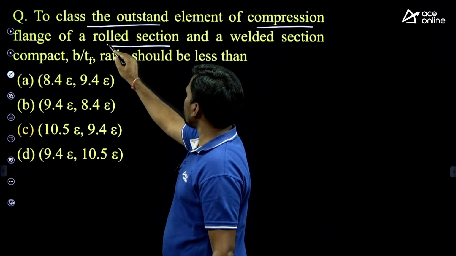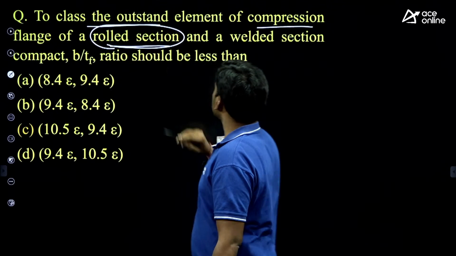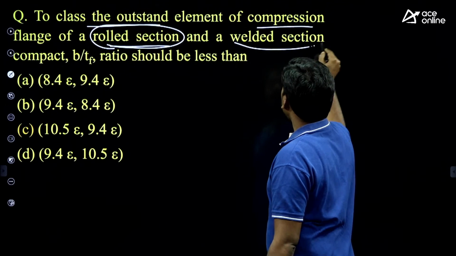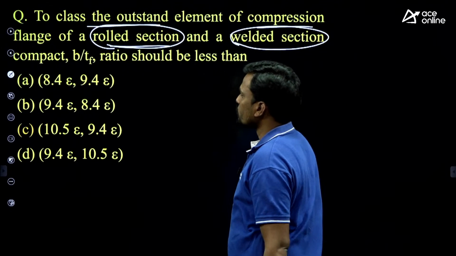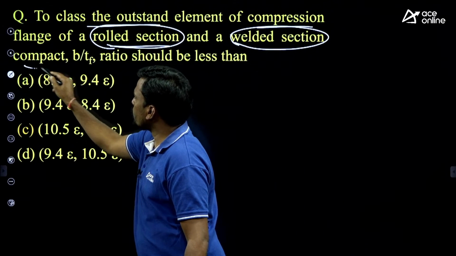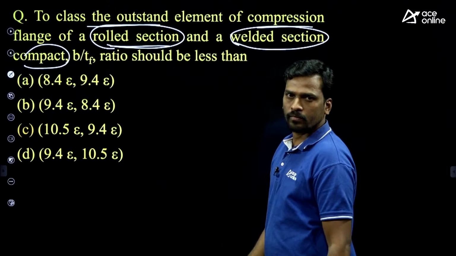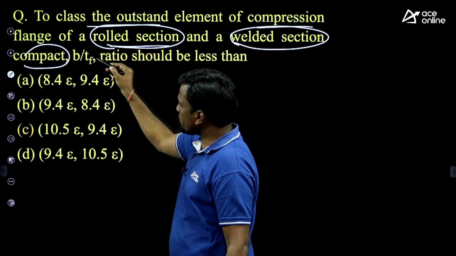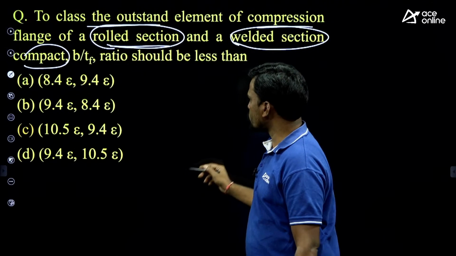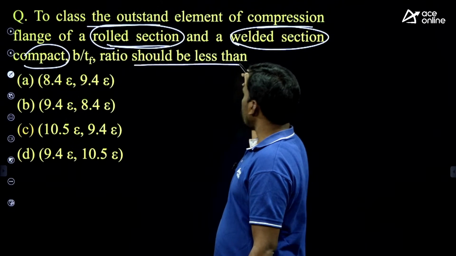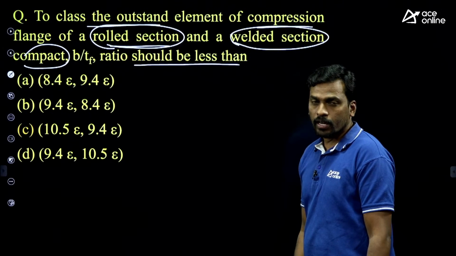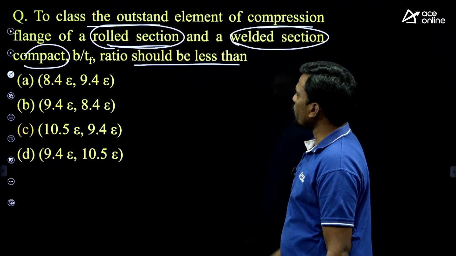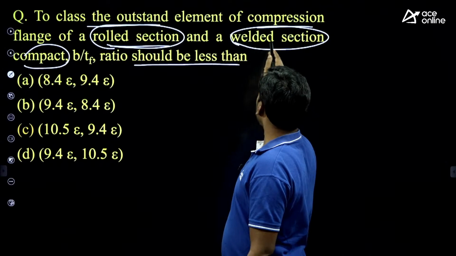Remember, rolled section and welded section are given. For compact section, with a buckling ratio that is width divided by thickness of flange, the ratio should be less than what? He is asking for compact section, rolled steel section and welded section.